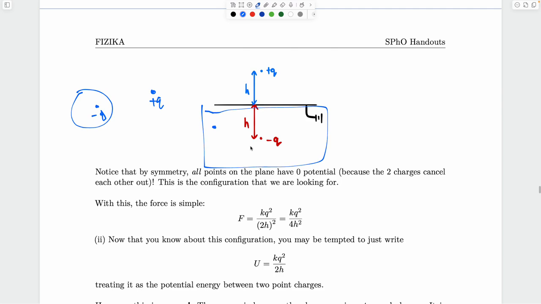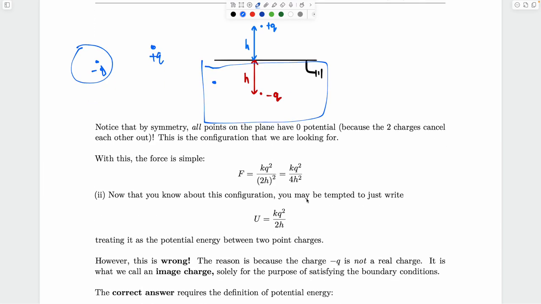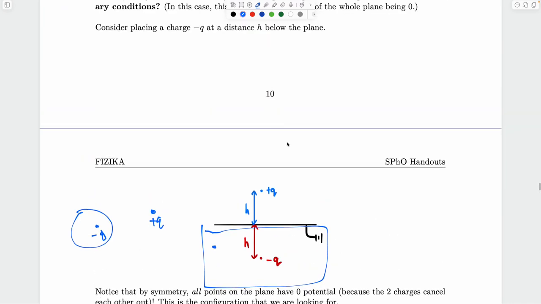And then the other thing is that energy does not operate as simply, because once again, image charge is not a real charge. You cannot simply do your kqq over r thing. You actually need to imagine moving the charge from infinity all the way down.